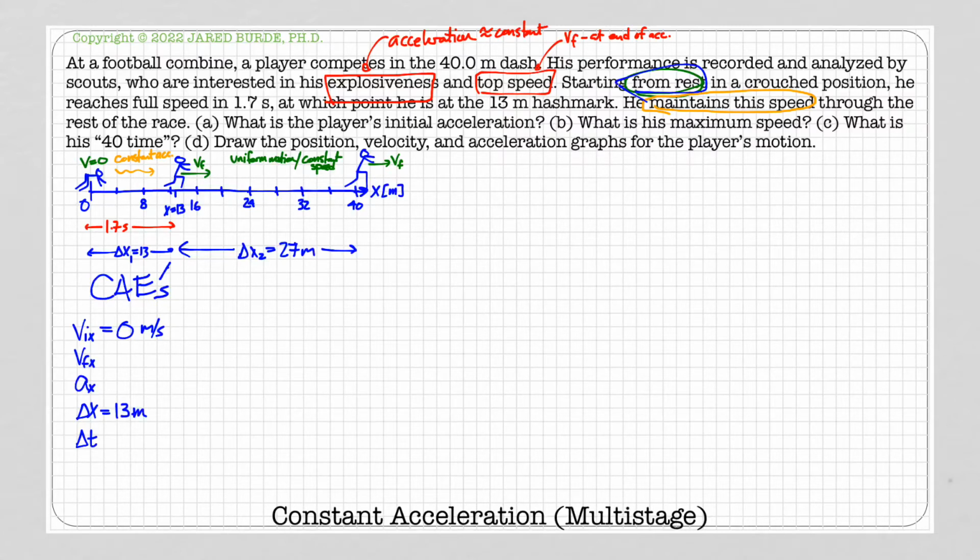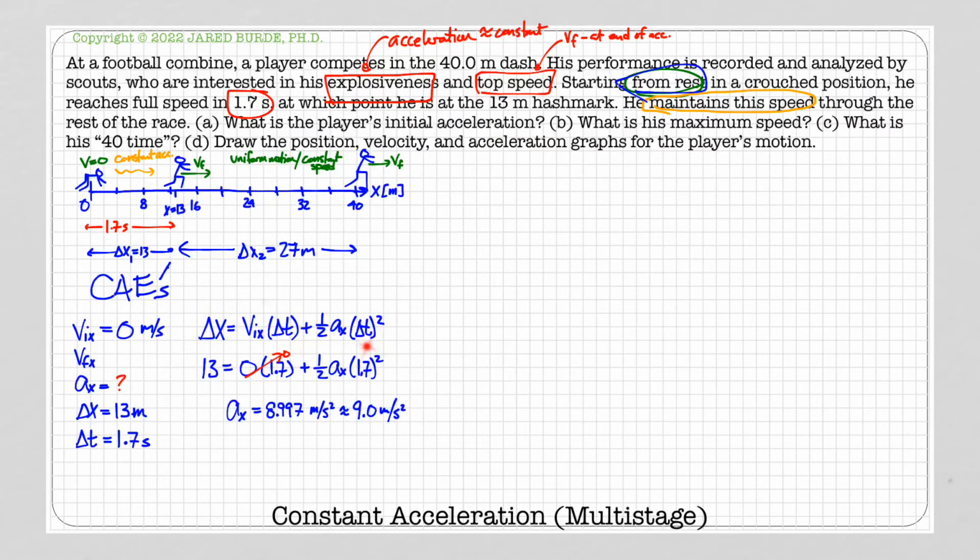And we're told that it takes 1.7 seconds for him to cover that distance. So we have 3 pieces of information here. We're asked to find the acceleration at the very beginning, and so we can use our constant acceleration equations to find it. Take a moment to click pause and think about what equation you would use to find acceleration given this information.